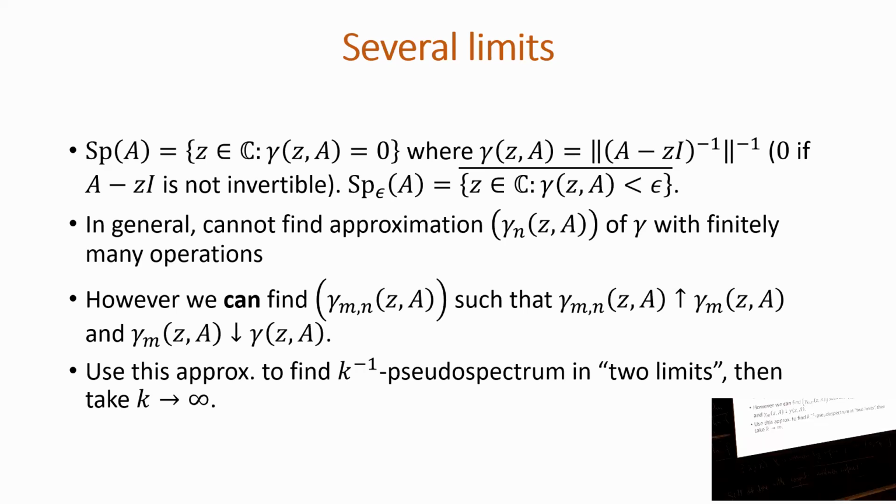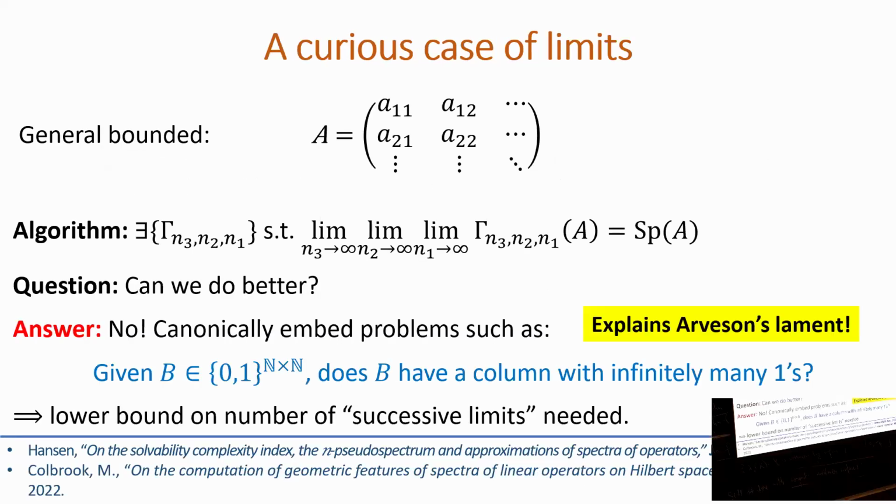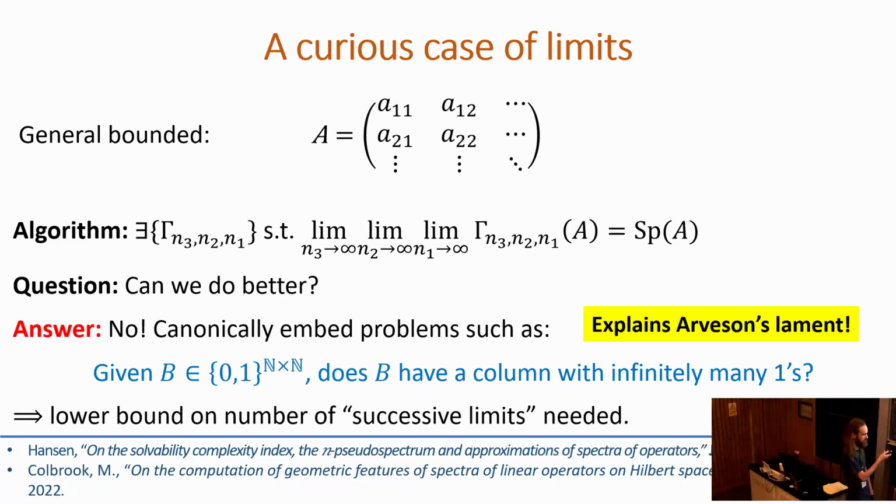Then we can just take the parameter to infinity to get the actual spectrum. That will give us a uniform procedure in 3 limits. And the question is, can we do better? And the answer is no, because we can embed this arithmetic problem into the problem of finding the spectrum, sort of give a lower bound as to the difficulty of the problem.